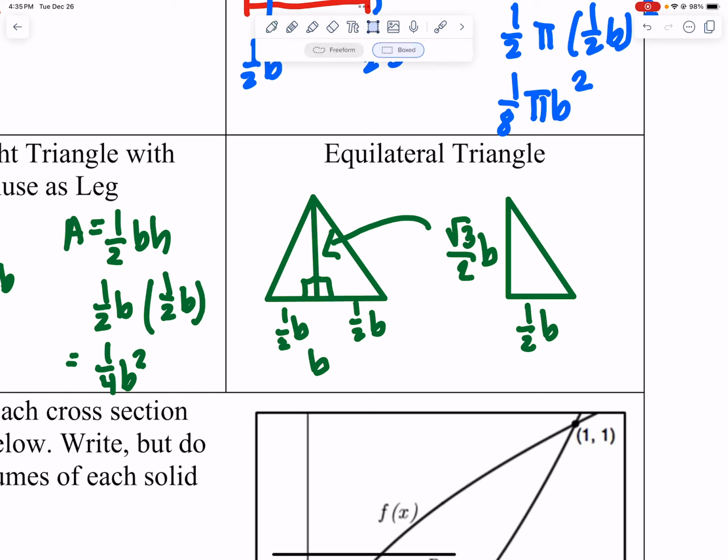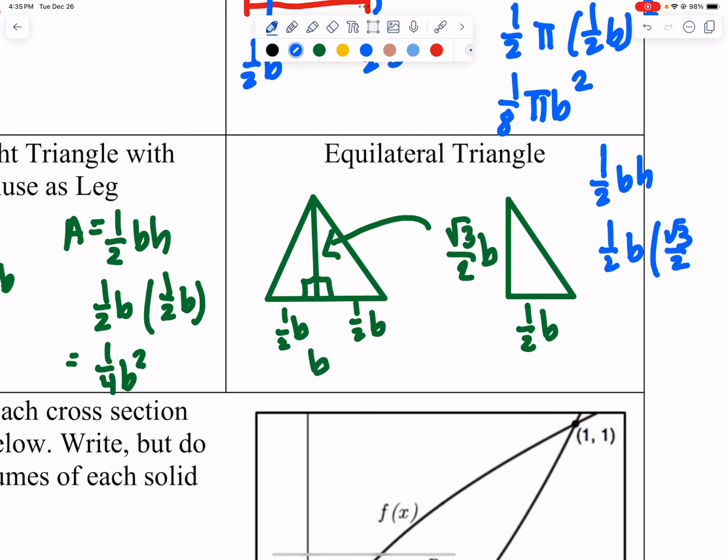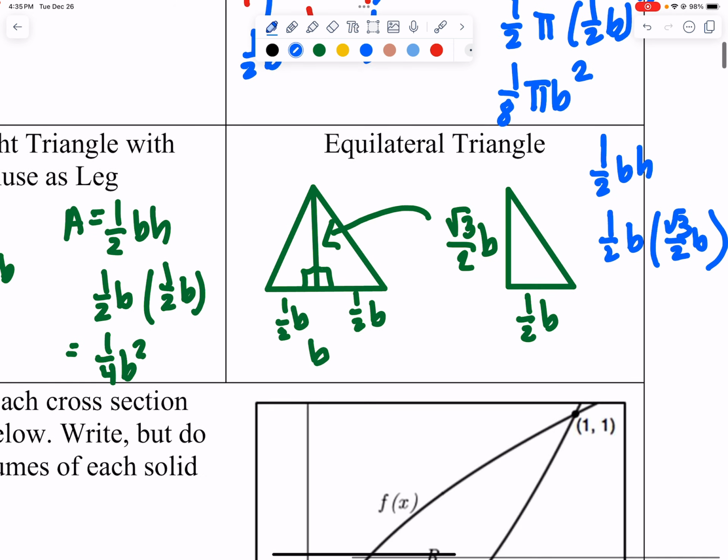My equilateral triangle, once again, is 1/2 base times height. My base is still b right here. And then my height, which we found earlier, is √3/2 b. And then if I were to simplify that and make it pretty, this means that my area is going to be √3/4 b squared.